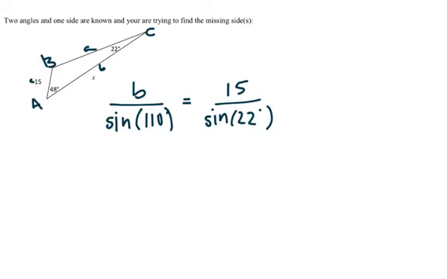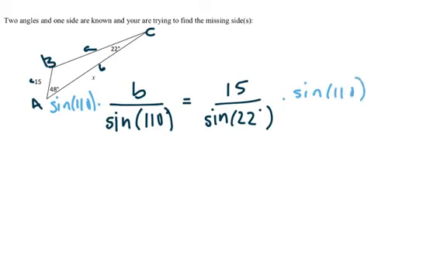Now, the last one like this we solved by cross multiplication, but we don't actually have to use cross multiplication here because we're solving for B, and the only thing happening to B is that it's being divided by sine of 110. So we can undo dividing by sine 110 by just multiplying both sides by sine of 110 degrees.